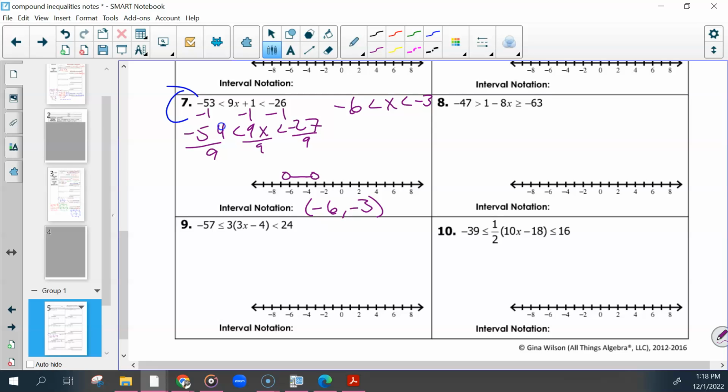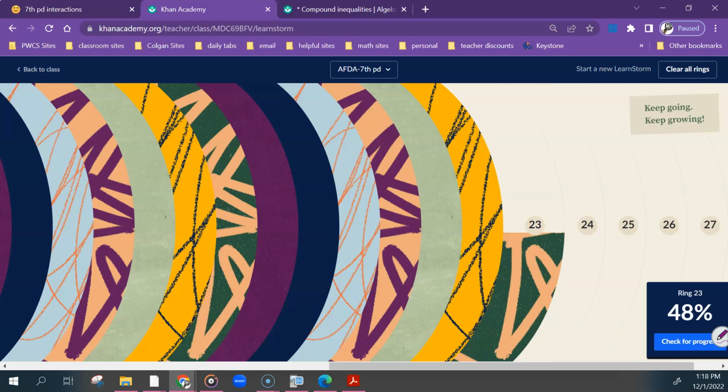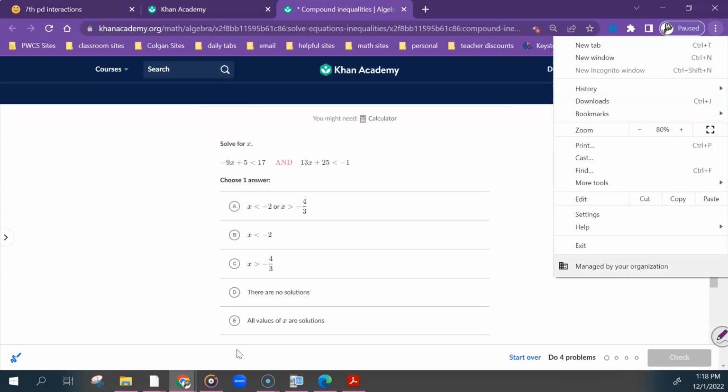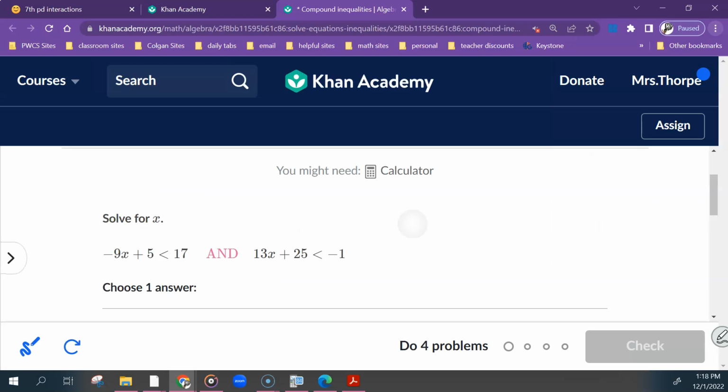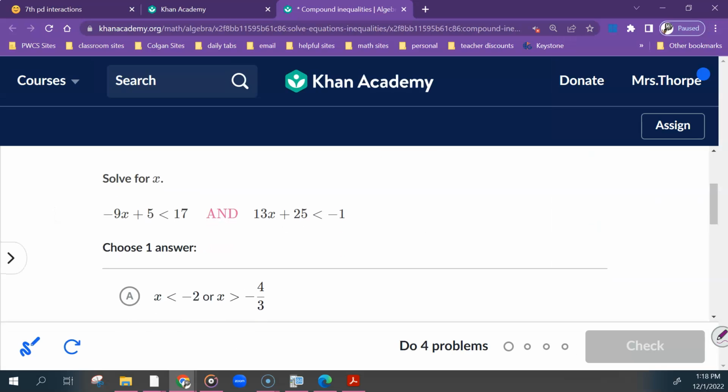On the very back of your notes, write this down. So negative 9x plus 5 is less than 17, and 13x plus 25 is less than negative 1.